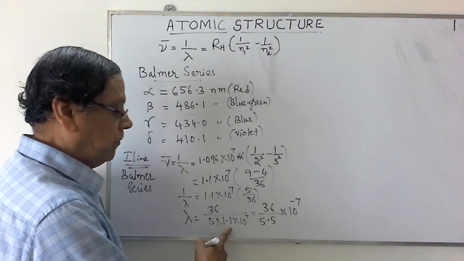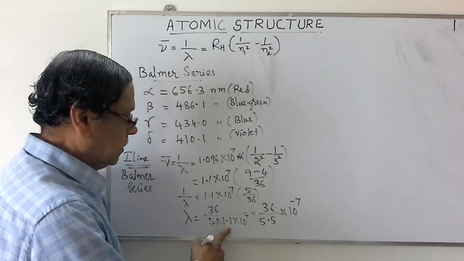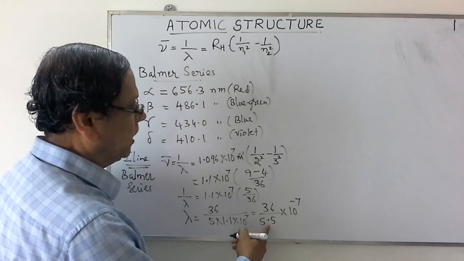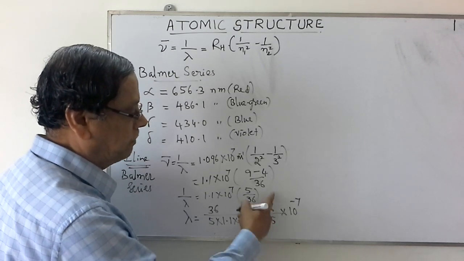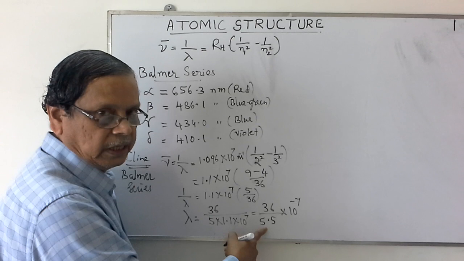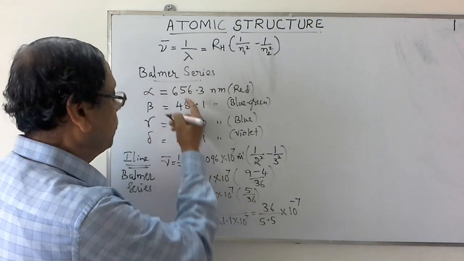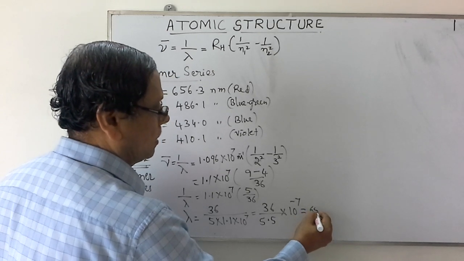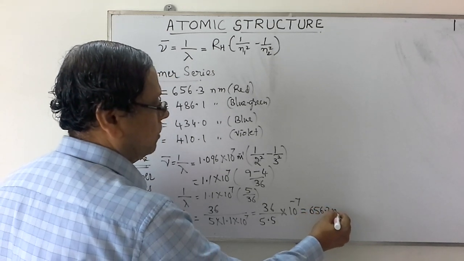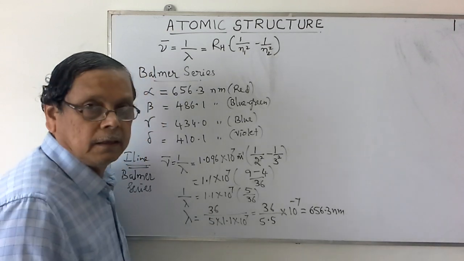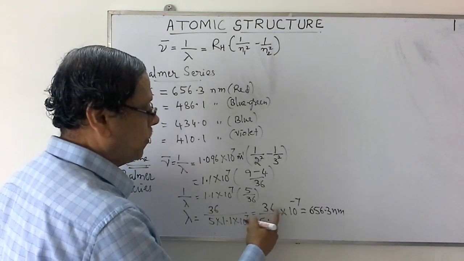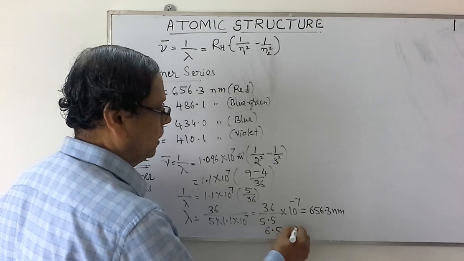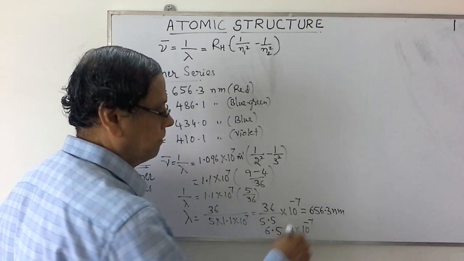So approximately, this will be 6.56. I will write that value as 6.563 into 10 power minus 7.